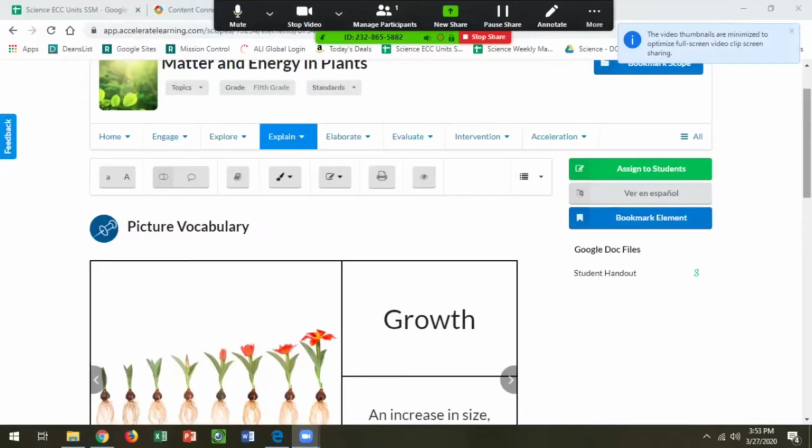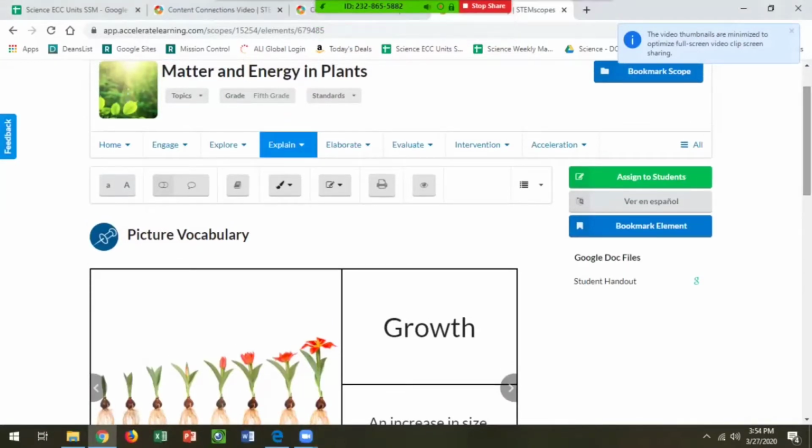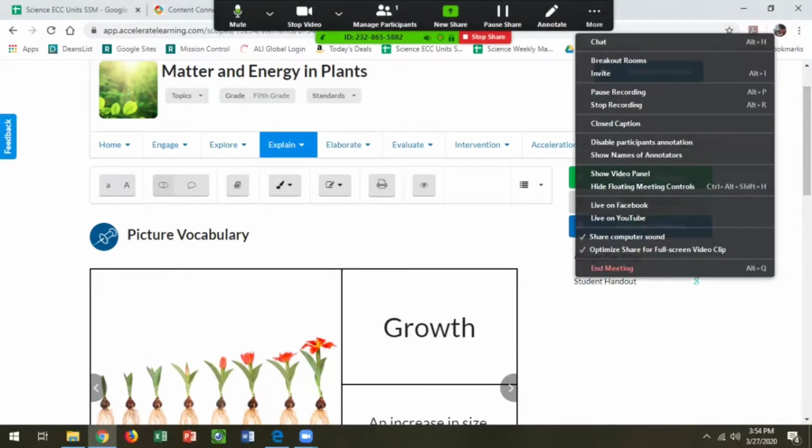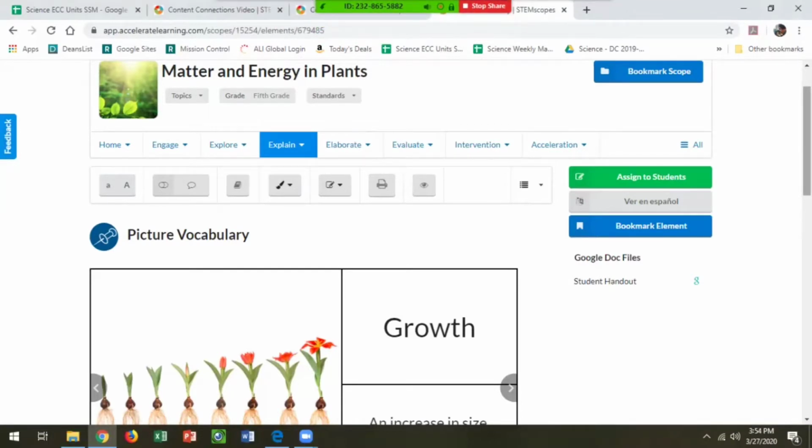Okay, so actually before we get started, I wanted to make sure we go over our vocab. So let's do that. Our first word is growth. Let's think about what you think the word growth may mean.